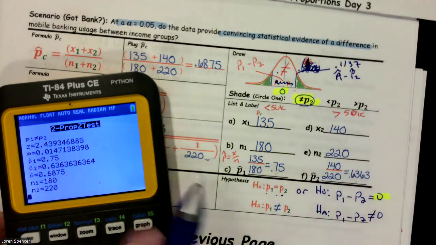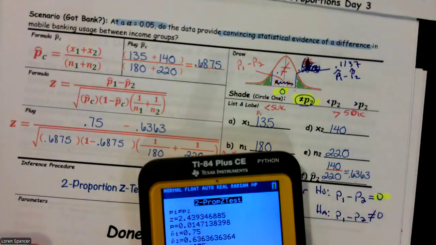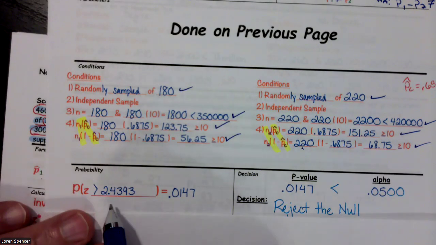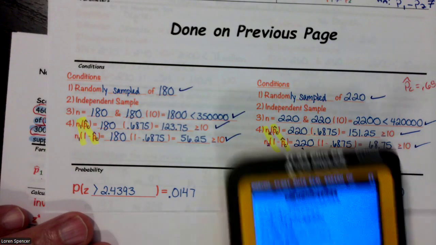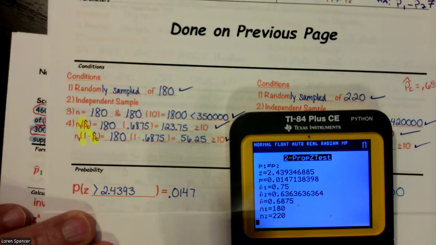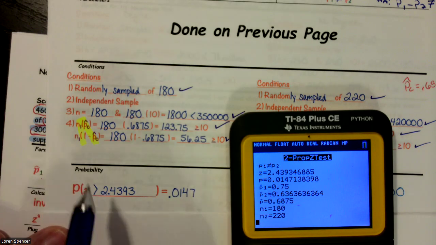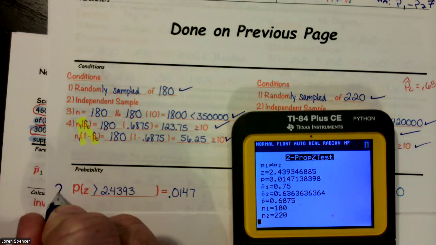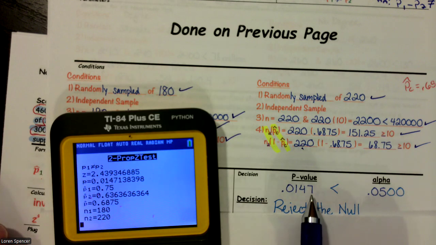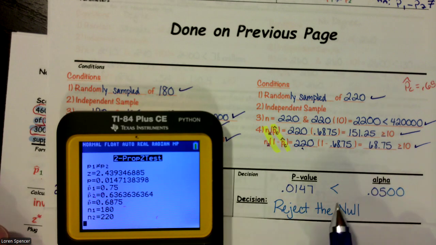Remember, since we ended up with a positive z-score, we're going to have to put a greater than sign. So we have that. We have a 2.439. That's our z-score. Our p-value is 0.0147. But remember, even though I have it as one tail, this is a two tail, and anytime it's a two tail test, I have to put them 2 times outside. So 2 times p, or just 2p, gives me that. Well, 0.0147 is less than our alpha, so our decision is to reject the null.